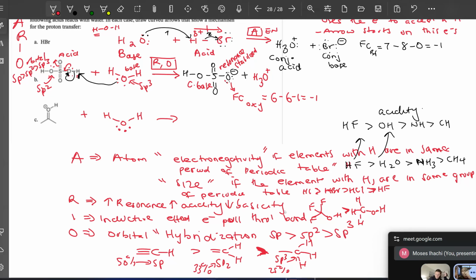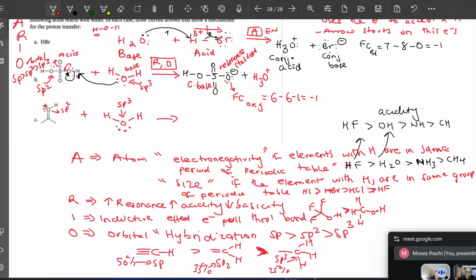Yeah, you have resonance and orbital. The main factor in this case will be orbital, because this guy is the double bond, sp2. We have a lone pair. Okay, so it's sp2. But this one right here is sp3.